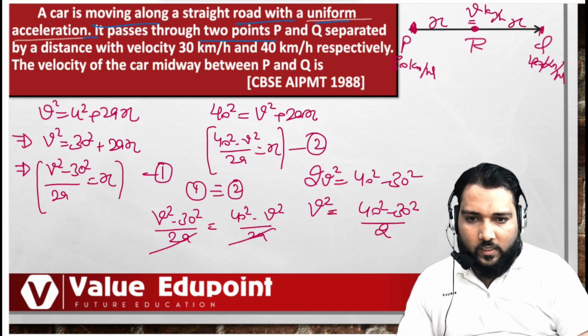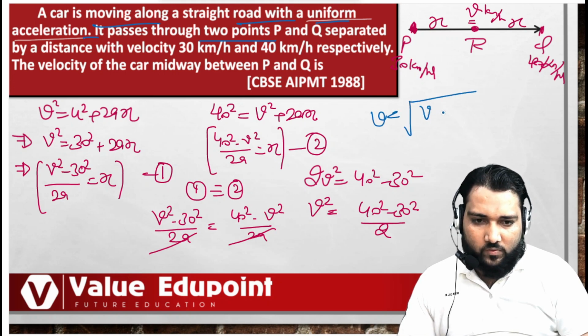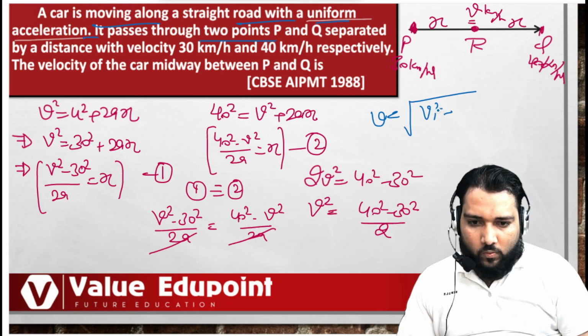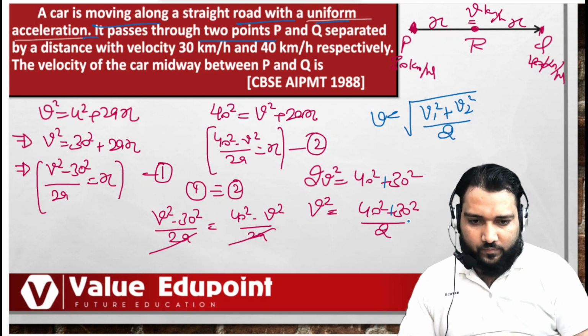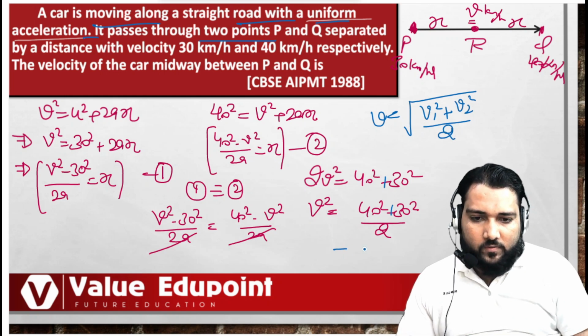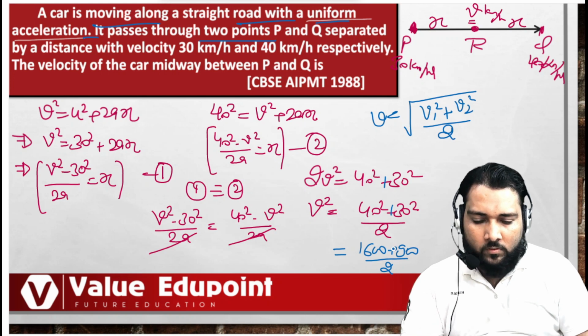Remember this formula, guys, for your objective. When you are asked the midway formula, when the terms move to this side, it becomes plus: v1 square plus v2 square divided by 2. So when you solve this, it comes out to be 1600 plus 900 divided by 2.